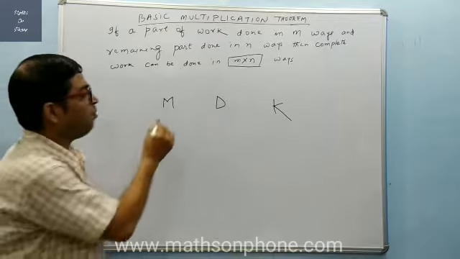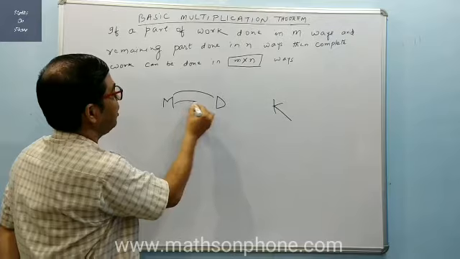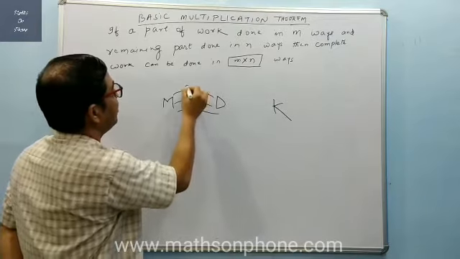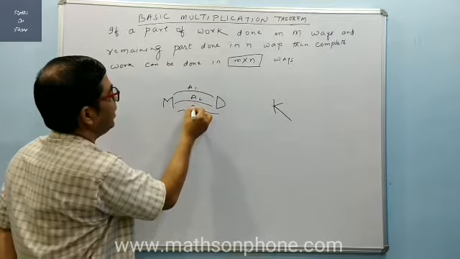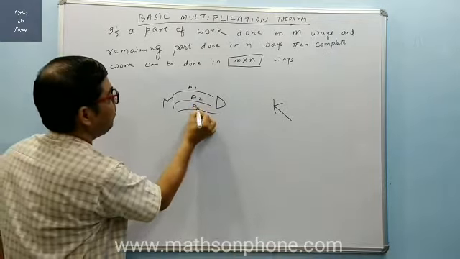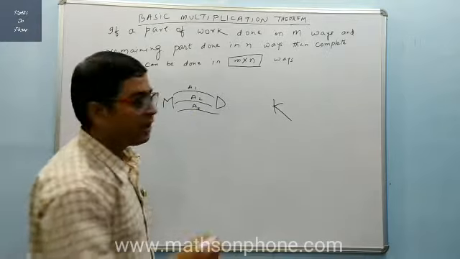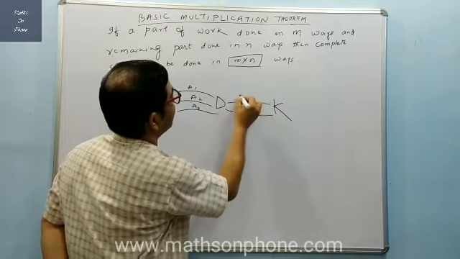So from Mumbai to Delhi, if I can go in 3 ways, this is way number 1, A1, A2, A3, and from Delhi to Kolkata we can go in two ways.